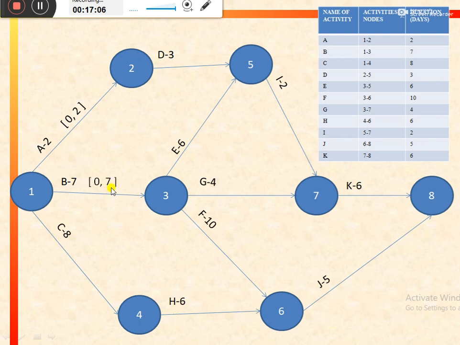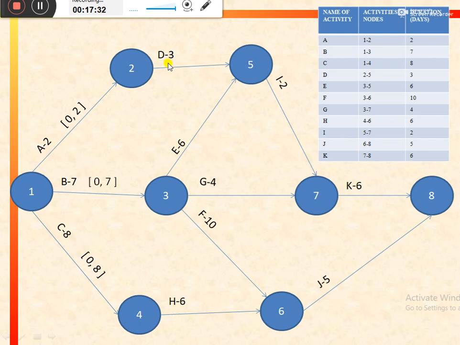So 7 would be the earliest finish. In a similar way, earliest start for C would be 0, and earliest finish would be 0 plus 8, that is 8. So in this way, we have calculated the ES and EF times for these initial or starting activities of the project.